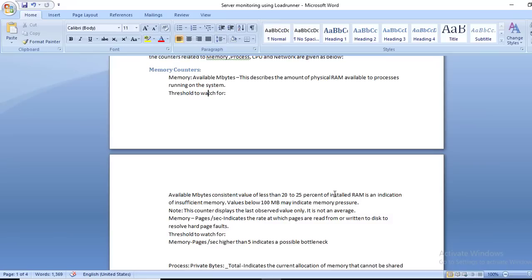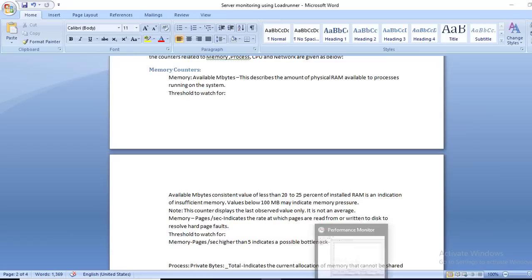A value below 100 MB may indicate memory pressure. So if the value is less than 20 to 25%, memory is less, so we have to focus on this. The counter displays the last observed value only, it's not an average.